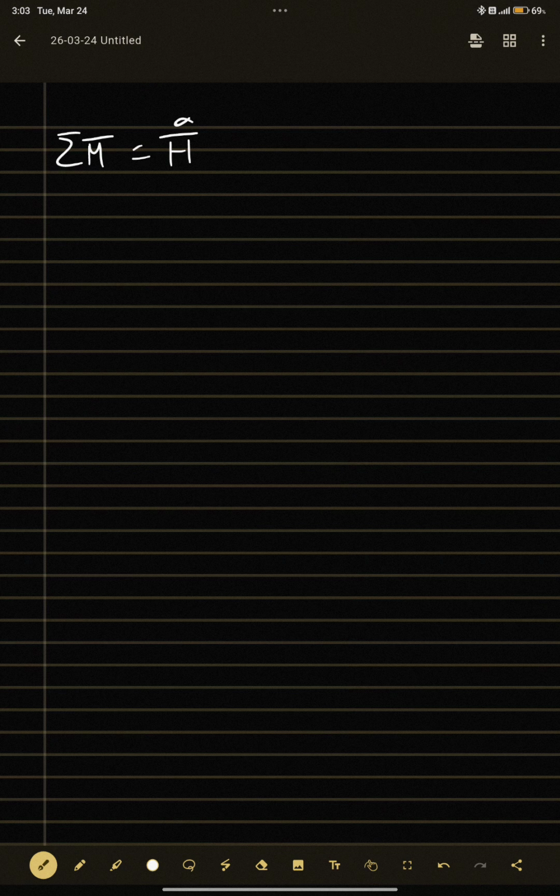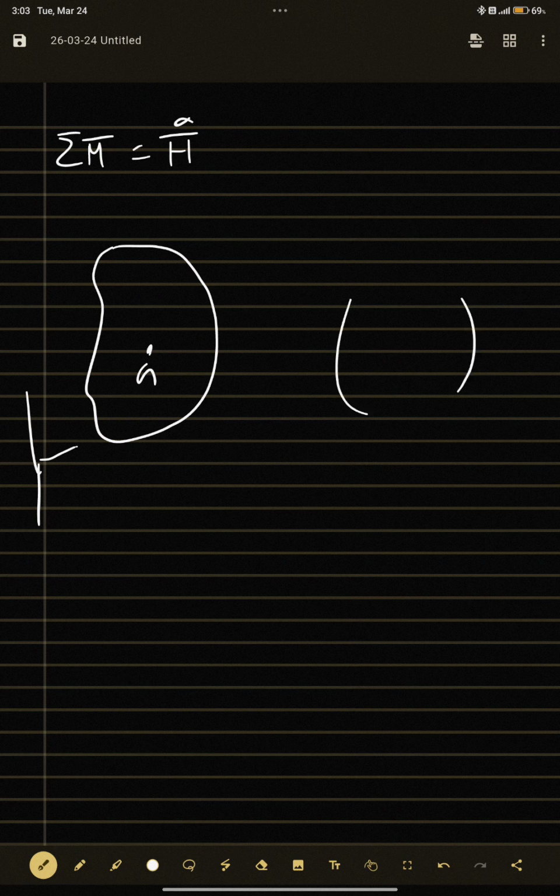So in this coordinate system, let's say one which is centered at G, you can write the inertia tensor.